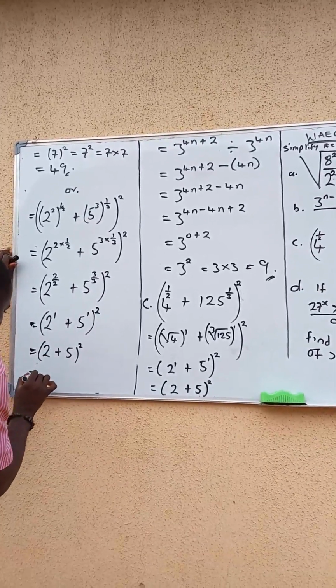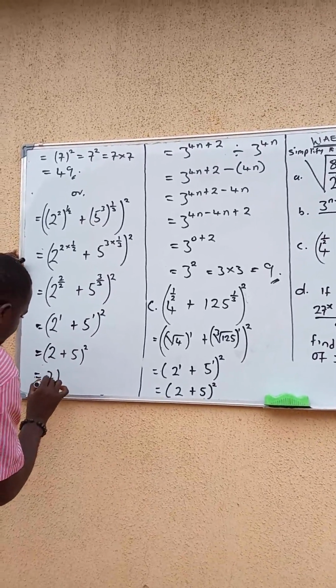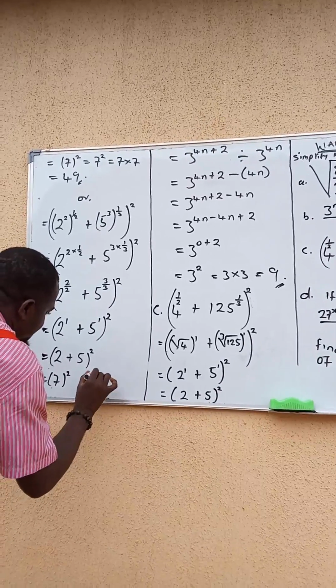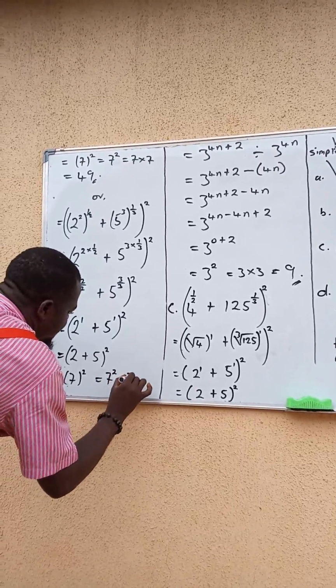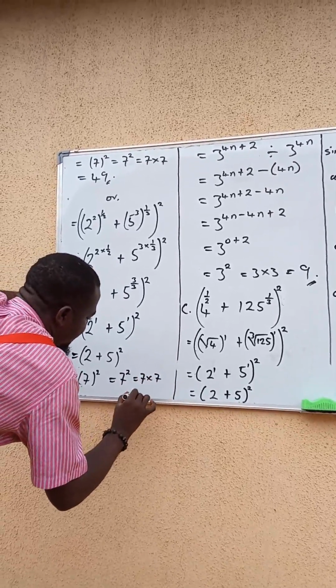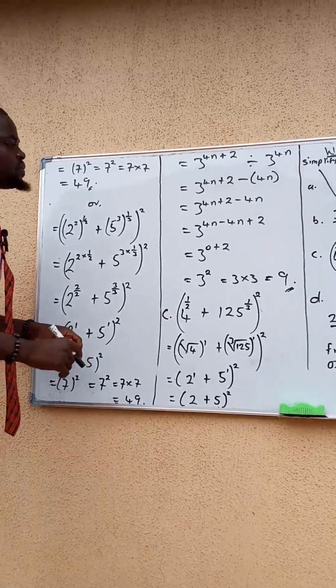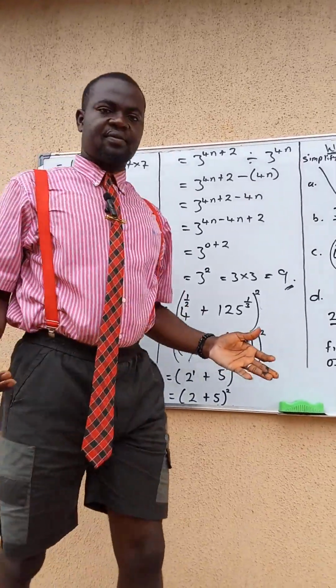So this will give me 7 raised to the power of what? 2. If I clear bracket, this will give me 7 raised to the power of 2, which is 7 times 7, and this is equal to what? 49. So I've done justice to this.